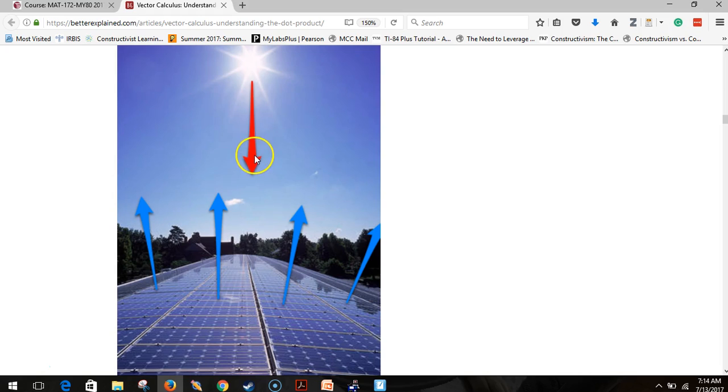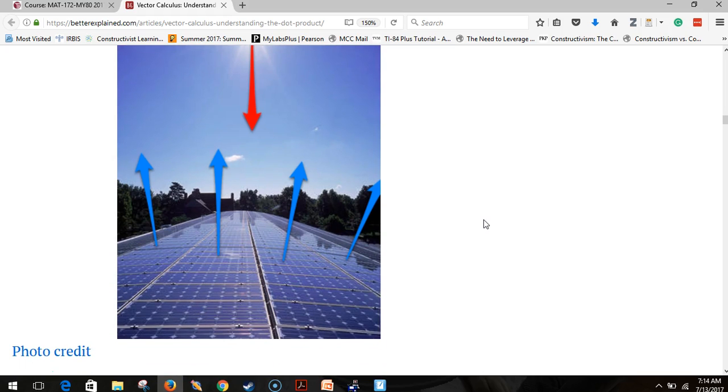This is fixed, this moves, and so the combination is how you figure out how much energy you can collect. And I think this kind of makes sense, and you can see this with Wi-Fi signal and just even TV reception. If you have any kind of satellite, you want to point it a certain direction and try to collect the most of it that you can, depending on how everything is facing.